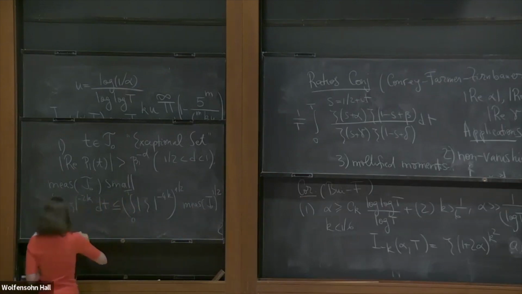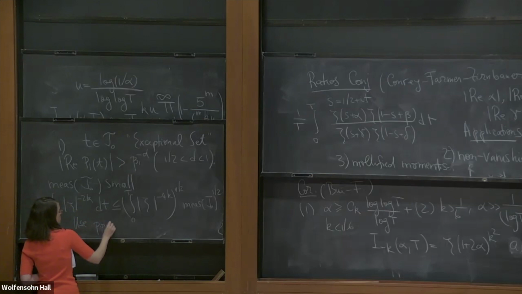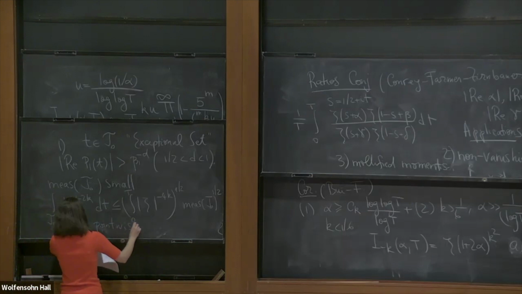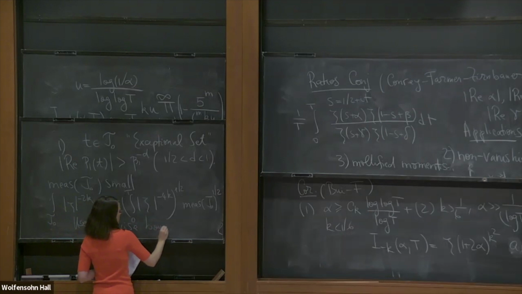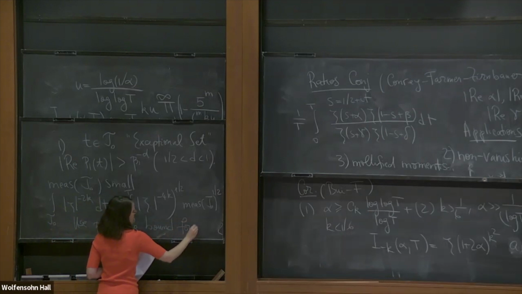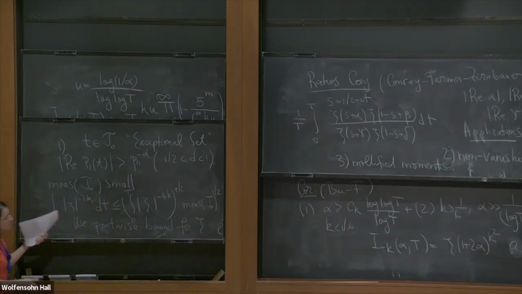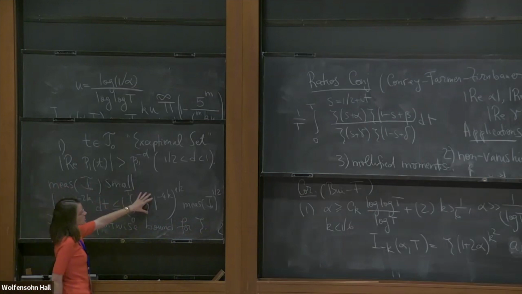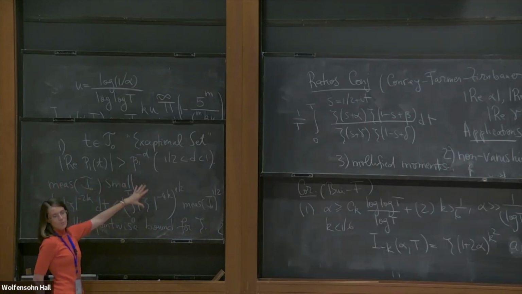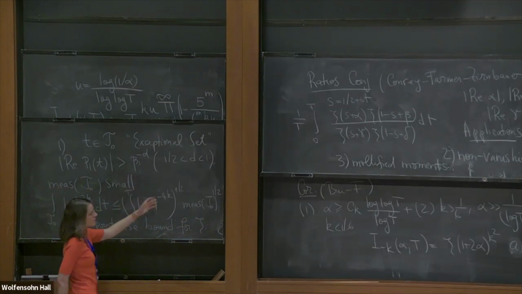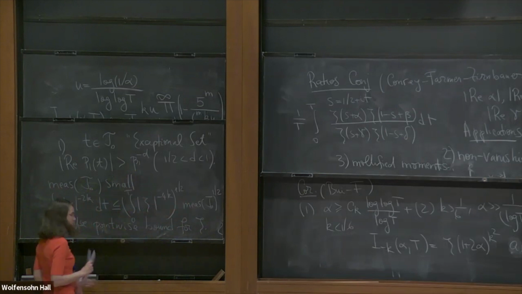So for example, in Harper's work on positive moments, when he has to bound the contribution from the exceptional set, he also uses Cauchy-Schwarz, but he uses almost sharp bounds. So he gets a much better error term there.